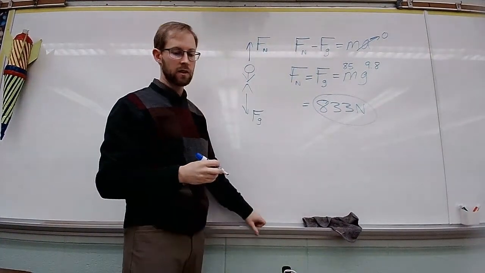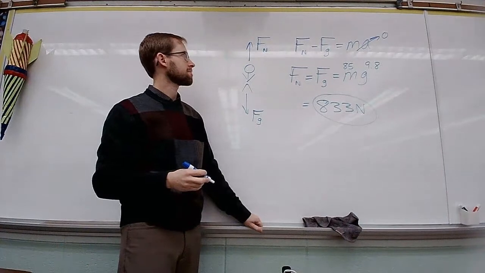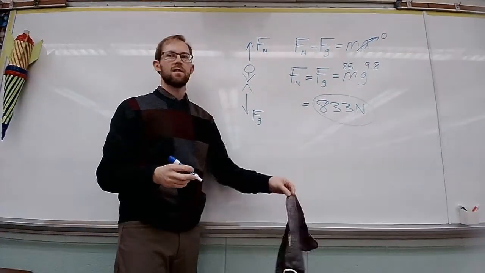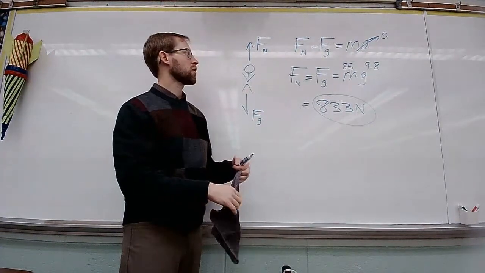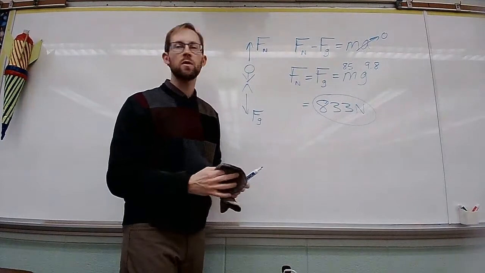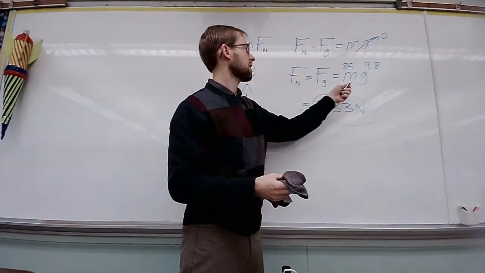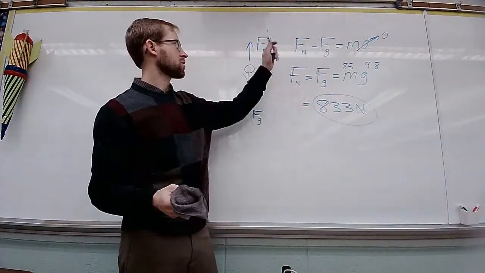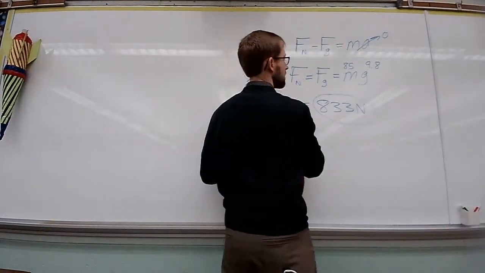So that would be letter B. If you realize right away that these two are equal because you're moving at a constant speed, and you want to just calculate it by doing mass times 9.8, that's fine too. I just wanted to show all the work here.